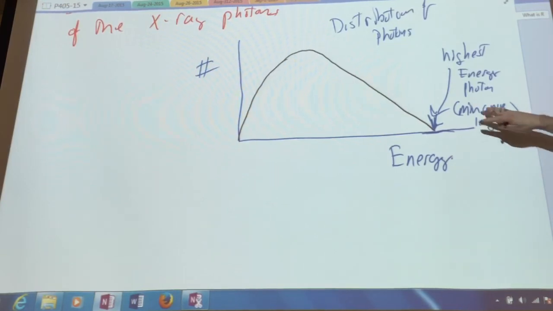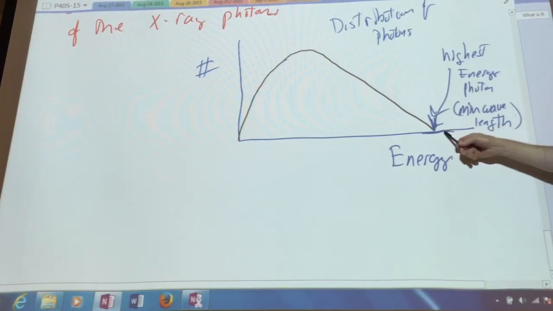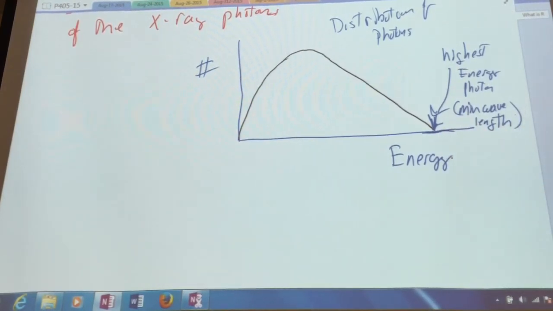Forget the word minimum wavelength, just think about highest photon energy. What does the highest energy photon have to do with anything that we've ever talked about? Pardon? You could get there from that, and it's not the most direct way I wanted to get there.